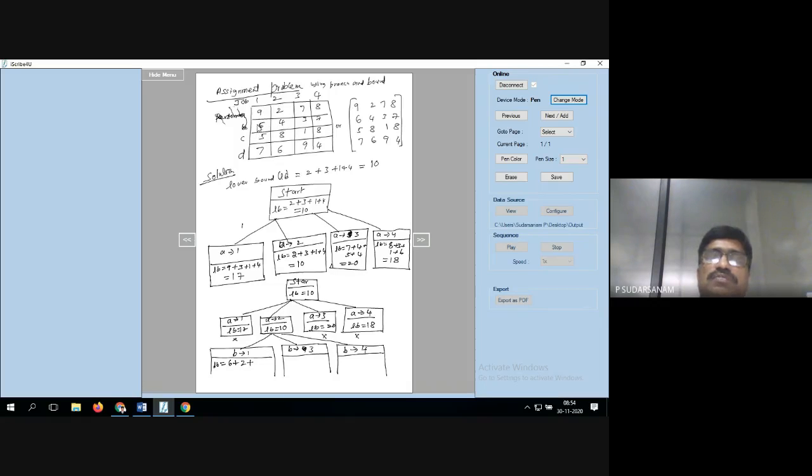That means the first column and second column cannot be taken. Remaining, which is the minimum values, 1 plus 4. Third row 1 is the minimum, fourth row 4 is the minimum. 6 plus 2 is 8, 8 plus 1 is 9, 9 plus 4 is 13. So 6 plus 2 plus 1 plus 4 is equal to 13.